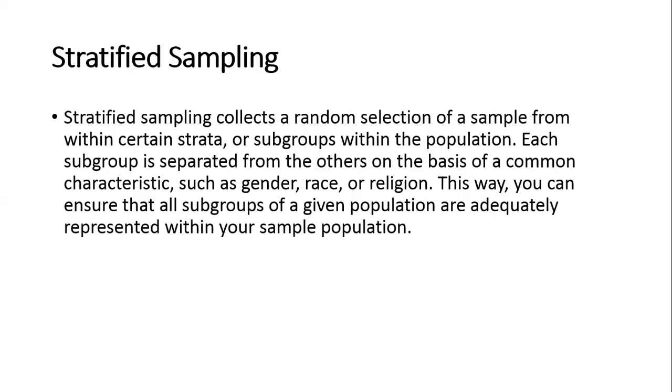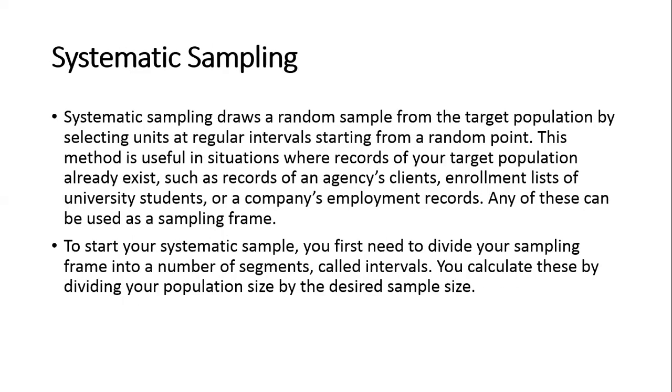You choose people from the high income group, you choose people from the medium income group, you choose some from the lower income group, so that your investigation will cut across the various strata. Something like that. That is stratified sampling. Okay. So they are kind of similar, but there's a slight difference.